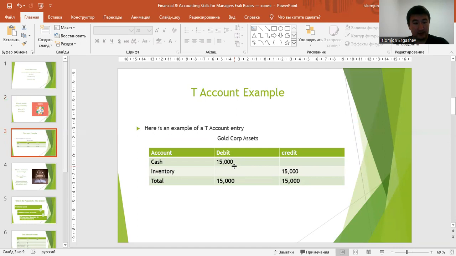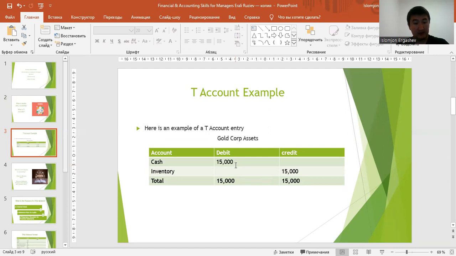T account examples. Here you can see T account entries. This entry shows that a corporation has sold a product valued at $15,000.